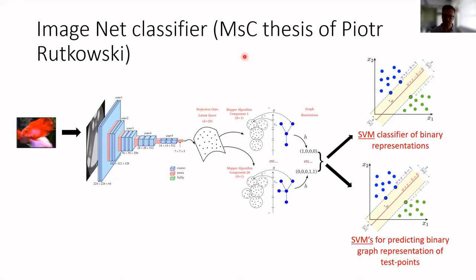Okay, so this deep learning work actually comes from the thesis of my student Piotr Rutkowski. We trained this kind of deep learning plus symbolic graph-based classifier on the ImageNet 10 dataset, which is 10 classes of photos taken from ImageNet. So the pipeline is we have the usual deep network with many convolutional layers.